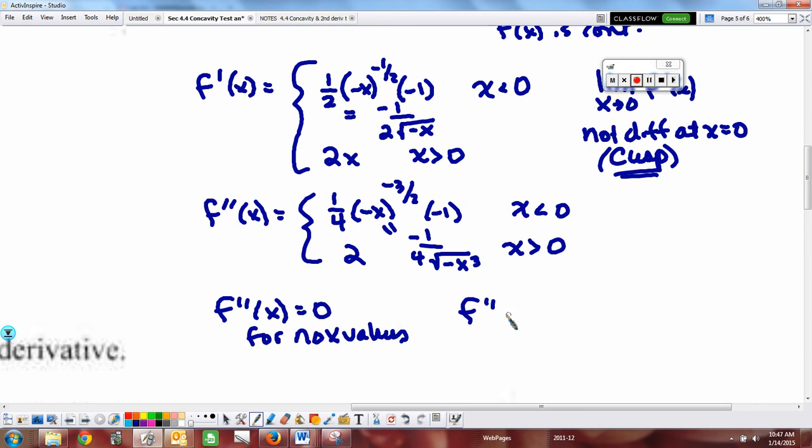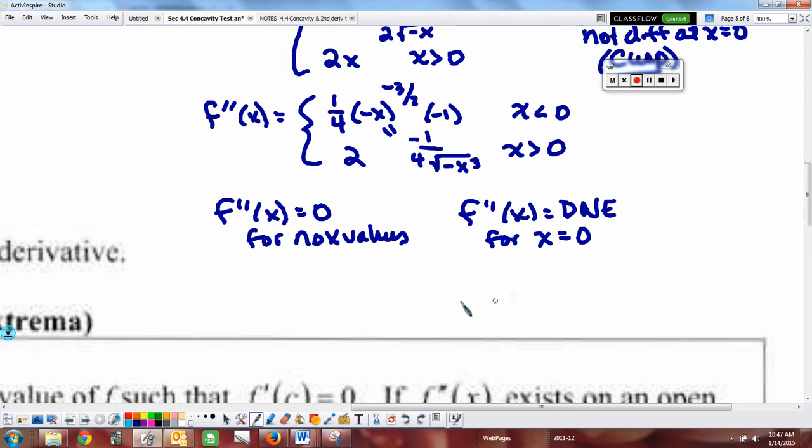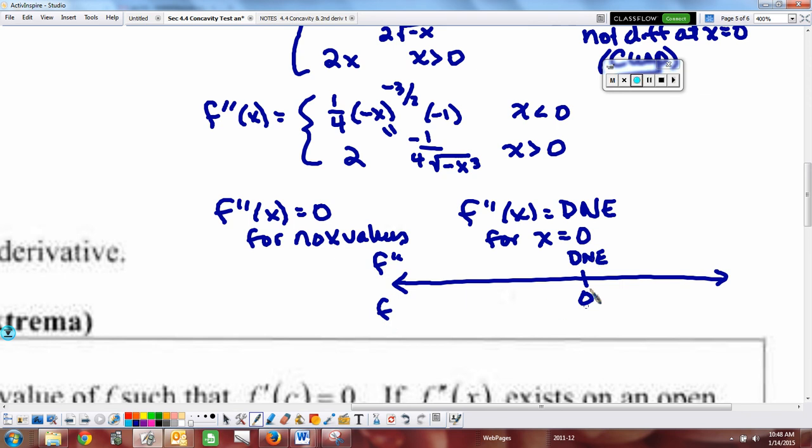Our second derivative does not exist for x equal to 0, but it's fine for all the rest of them. But again, the reason that it does not exist is because we had a cusp there. Now when I do my sign chart for concavity, I am going to put the 0 on there because it does matter that there's a cusp and a vertical tangent there.